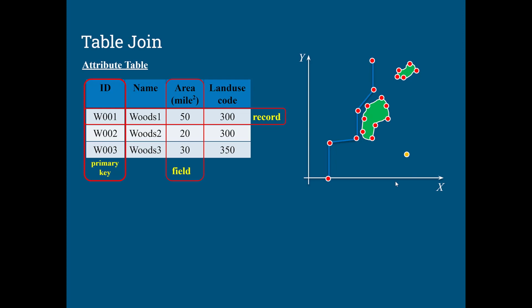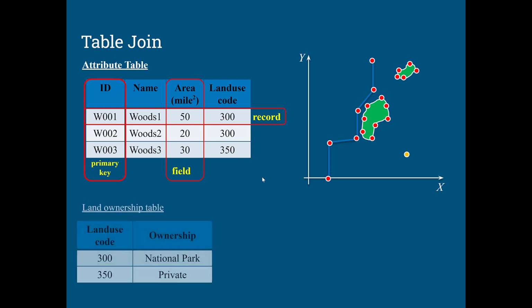So now I have a question. Here I have a land use code, but I don't know what it means, so I want to look it up. Land use code: 300 means national park. 350 means the ownership is private.